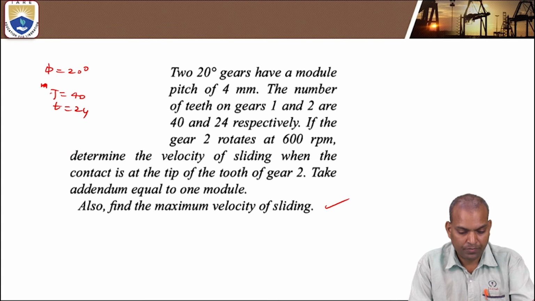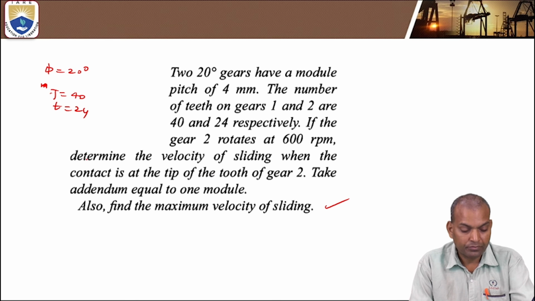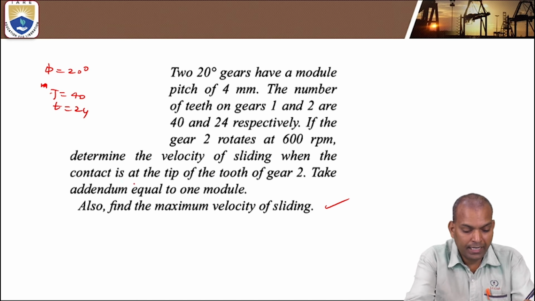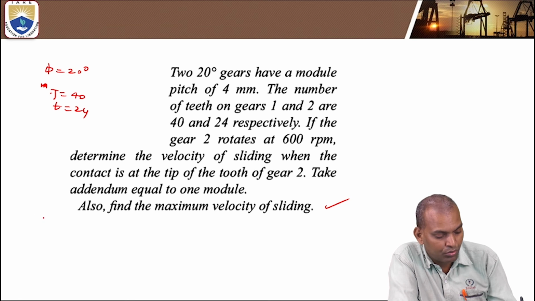Here they asked to determine the velocity of sliding when the contact is at the tip of the tooth of the gear. Next, take addendum. What is the addendum? Addendum equals 1 module. That addendum is Ra minus R, that is called addendum.